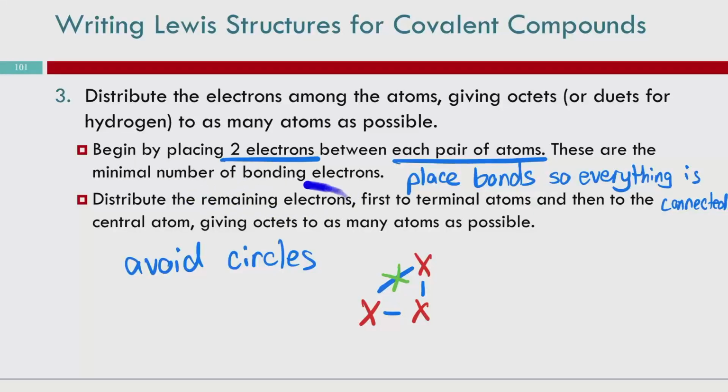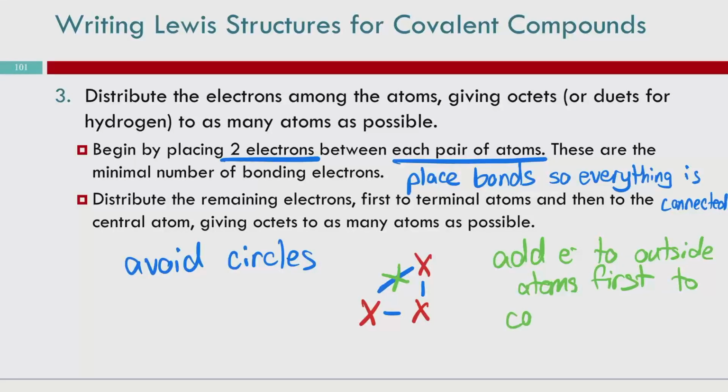And then we'll distribute our remaining electrons. Whatever is left after we've placed our bonds, we're going to start from the outside in. Our goal is completing as many octets as we can, starting from the outside, working our way towards the inside. A lot of the time, we will not end up with full octets doing this. So there's another step.